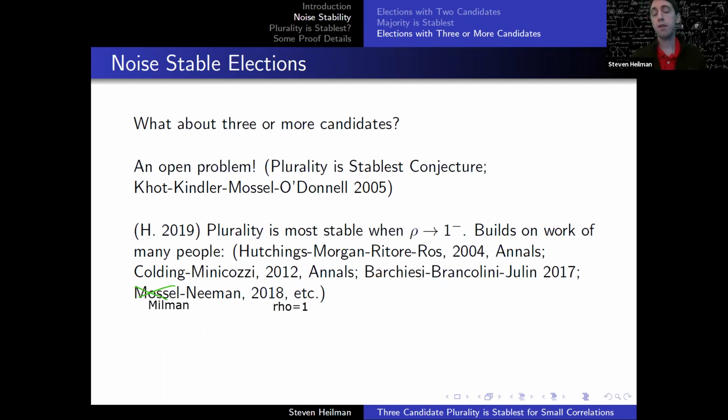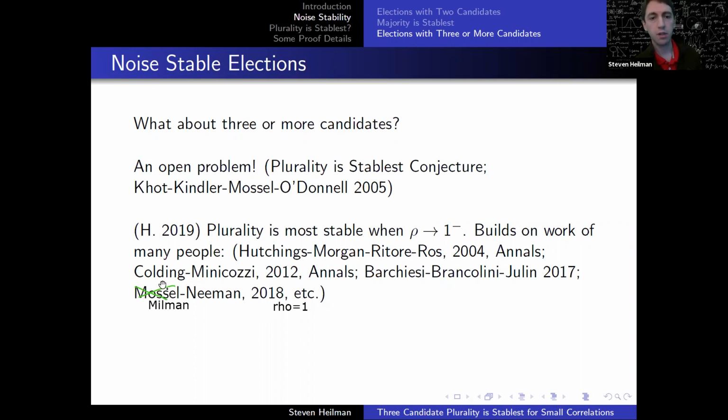I haven't stated what the problem is yet, but they basically showed that when the correlation parameter is equal to 1, in some sense, plurality is the most stable voting method. I worked on that a little bit too. But this built on a lot of work that a priori maybe didn't seem related.